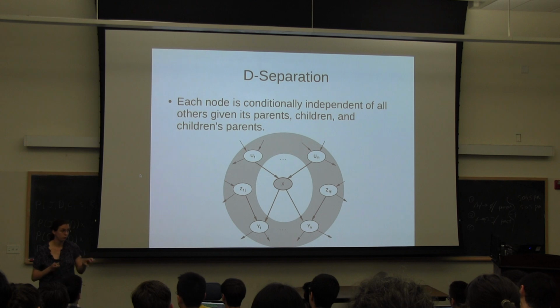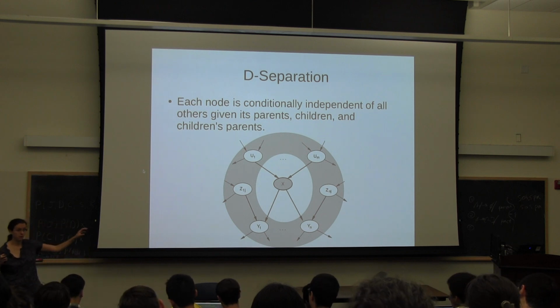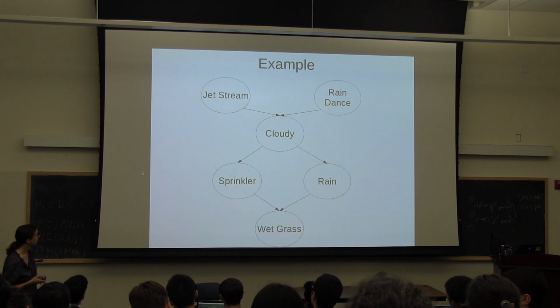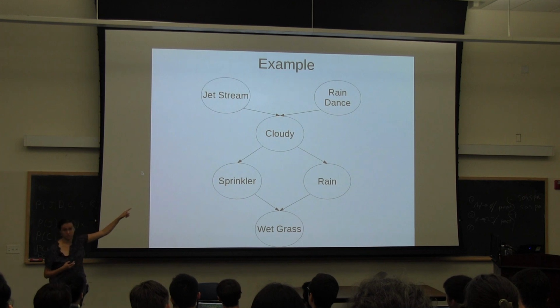If I know the values of those nodes, I don't need to know anything else. It's independent of all the other nodes. Knowing other nodes will not tell me anything more. So for the sprinkler, what is the Markov blanket? Yes, the parent, which is cloudy, the child, which is wet grass, and rain.